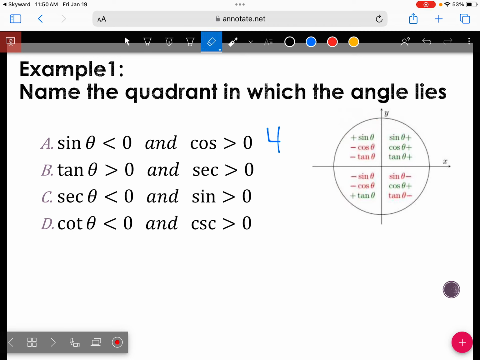Great, so now B, tangent is greater than 0, and secant is greater than 0. So what's the sister for secant? Cosine, right. So by telling us that secant is greater than 0, they're also by extension telling us that cosine is greater than 0. And so I'm going to give you guys about 30 seconds. Try to use the process of elimination to figure out what quadrant we're in.